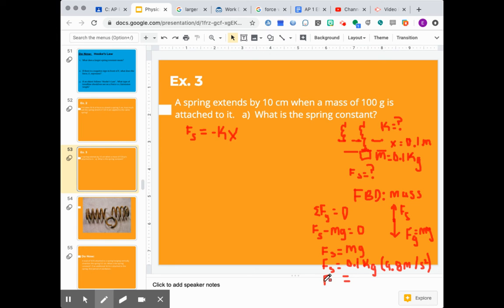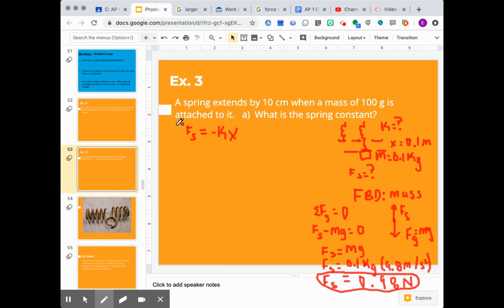And we find that the restoring force is 0.98 newtons. What we know about Newton's second law and forces to solve for K.